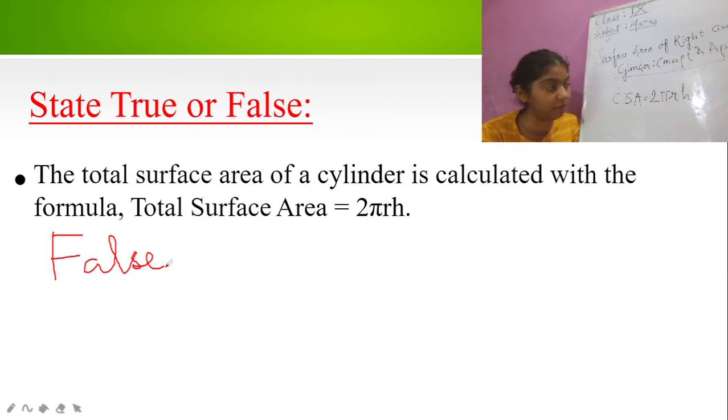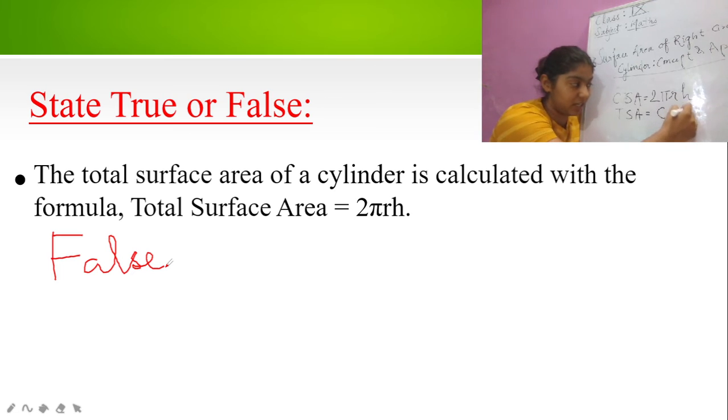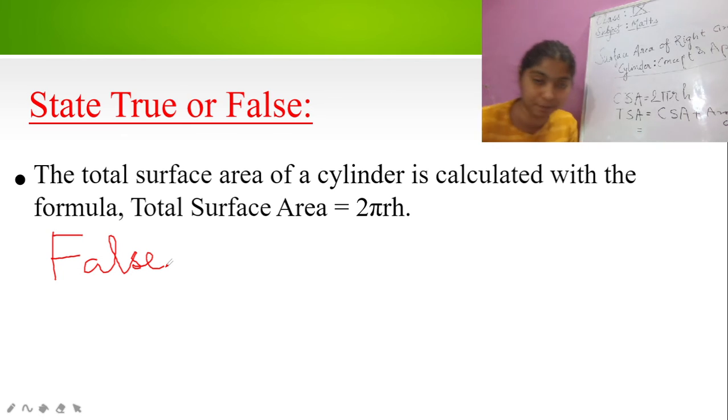But students, if you want to calculate the total surface area, what is that? You have to add the curved surface area along with the area of the two circles, right? So the curved surface area is 2 pi r h, and for the two circles 2 pi r square.